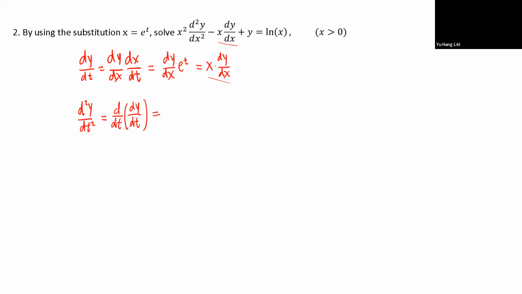Then this d/dt, again by chain rule, would be dx dt times d/dx of this dy dt. Just now we know the relation between dy dt and this x dy dx.